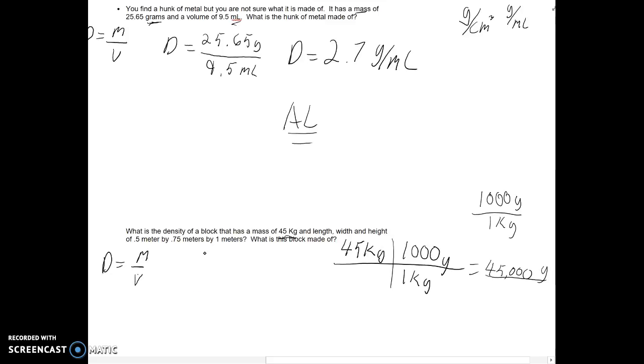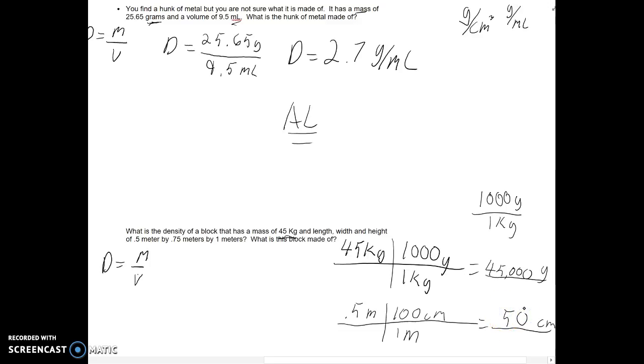So again, I'm going to use dimensional analysis for that. So I'll do that over here. 0.5 meters. I want to get to centimeters. 1 meter is equal to 100 centimeters. So this is 50 centimeters.